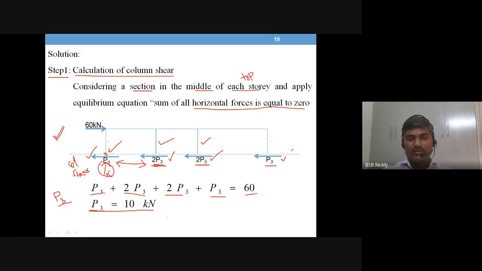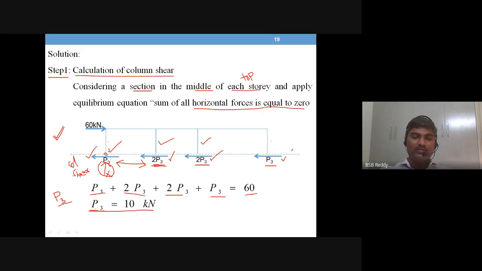So if you see, the calculation part is much simpler, even without a calculator. You can perform this manually in a simple way. Okay, so top story columns have shear force value 10 exterior, 20 interior. That you should always know.